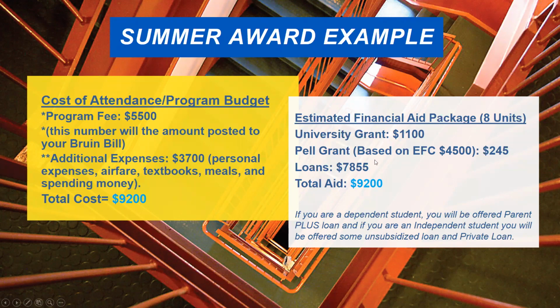Now, whether you're going to be fully covered is going to be up to you, because if you decide you only want to accept grants, then to help pay for your program, this person would have had $1,345, and they would have to pay out of pocket for the rest of it.